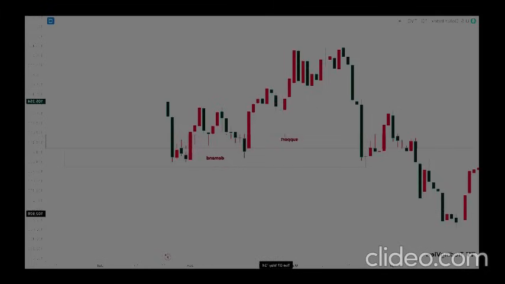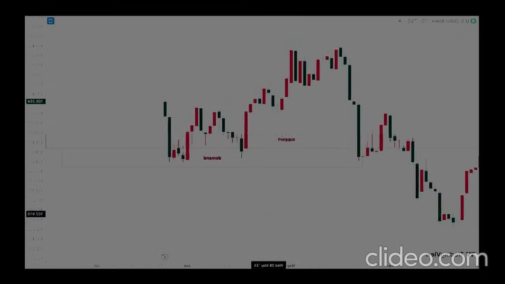So here on the daily, I said this could be our prior entry, but according to time, the market has moved 2 days before, so we are no longer good to go with this trade.